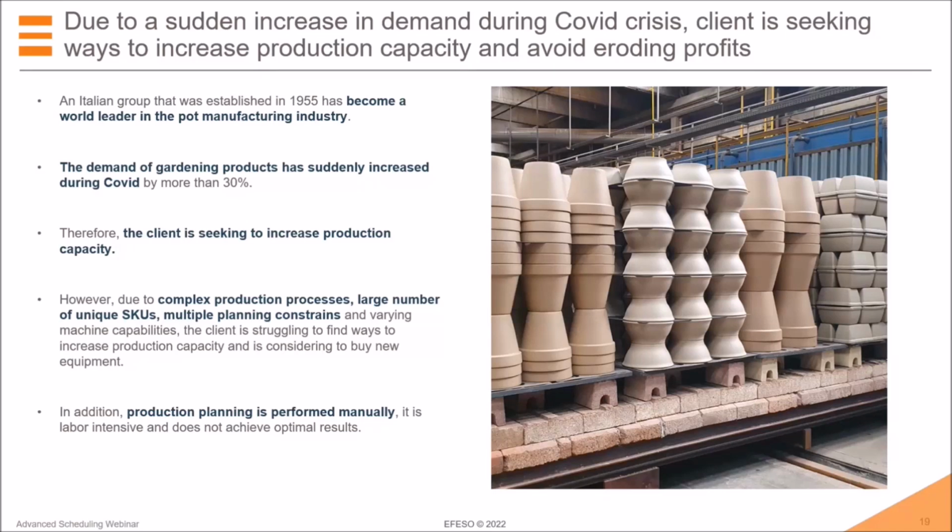So they started to externalize a large part of the production to third-party suppliers, leading to a large erosion of margin compared to the period before COVID. One of the reasons for this difficulty is, as often happens, the complex production process, mainly an effect of many different SKUs, more than 10,000, with varying characteristics. You may imagine vases, large and small, of different shapes, colors, weights and materials.